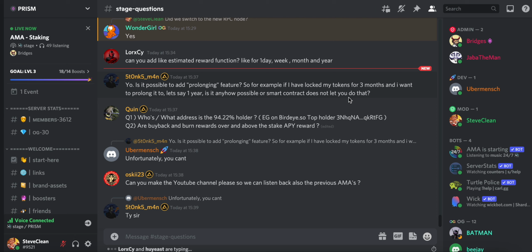What we're gonna do now is, first, make the staking page responsive for mobile, so that you can stake and unstake and do all that on mobile with Phantom or any other wallet. We're also gonna add some more statistics on the staking, so you'll be able to see other information about how many tokens are staked, how much time is selected for the staking, and so on.